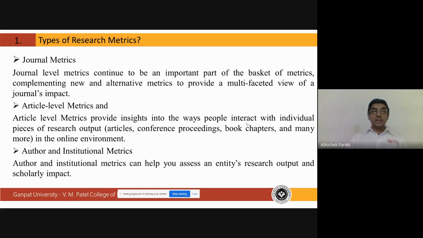It means how capable an individual author is of producing qualitative research output, or how able an individual institute is to motivate its faculty and stakeholders to do good, qualitative research. So that is the entity level. It may be an author, it may be an institution.